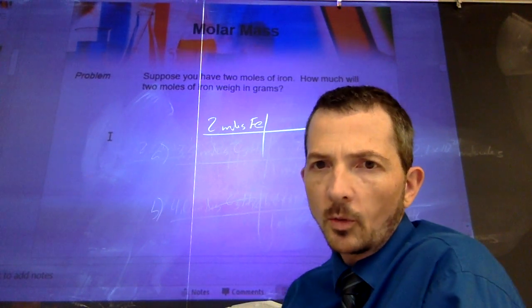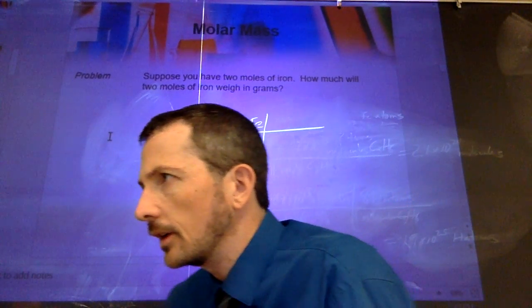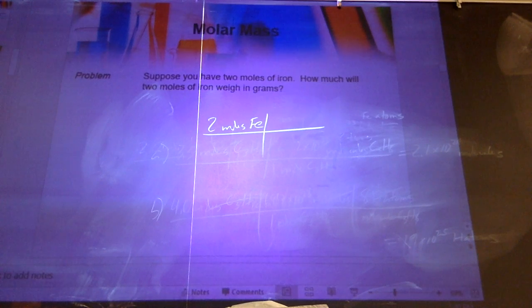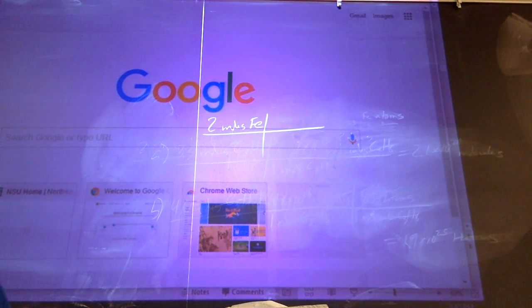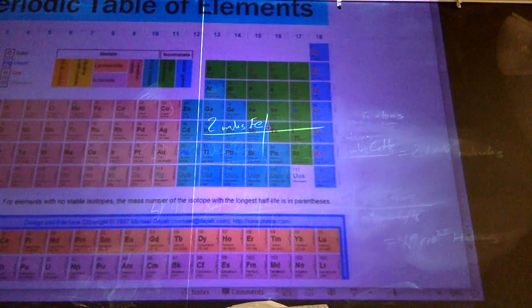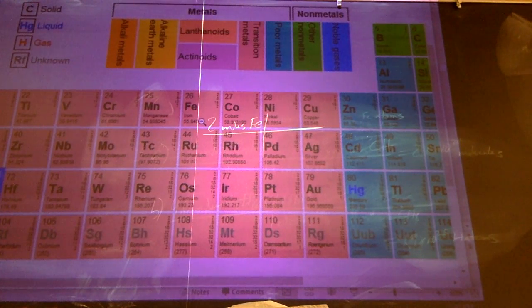So I have 2 moles of iron, so I'm going to look up iron in the periodic table. So if I look up iron here, 55.845.